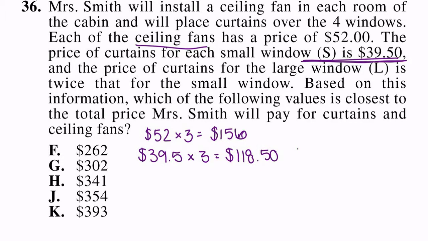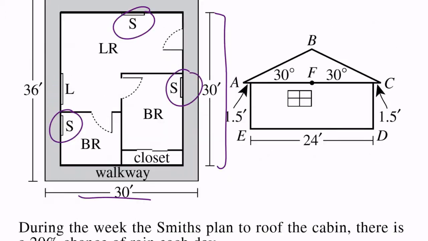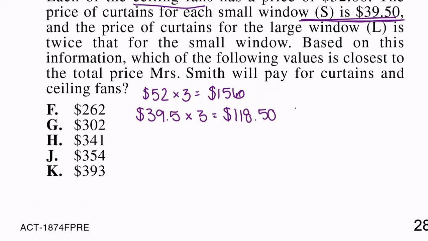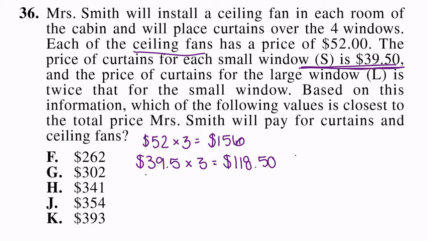And then we know that the price of curtains for a large window is twice that for a small window. So first we have to look at how many large windows we have. Just 1. So we have 1 large window times the price of the small window times 2, because the price of the large window is twice as much as the price of the small window.